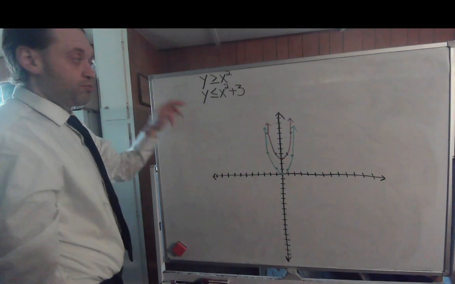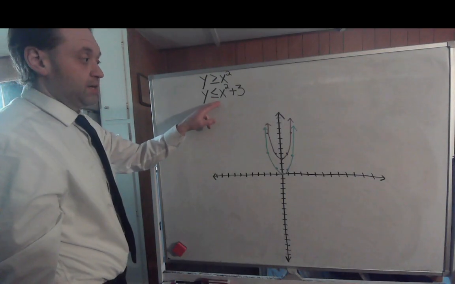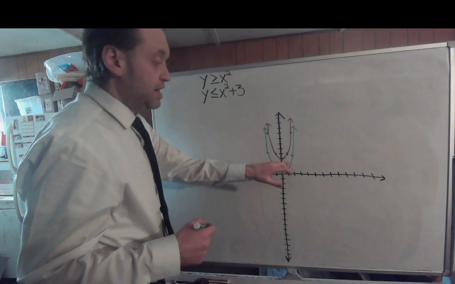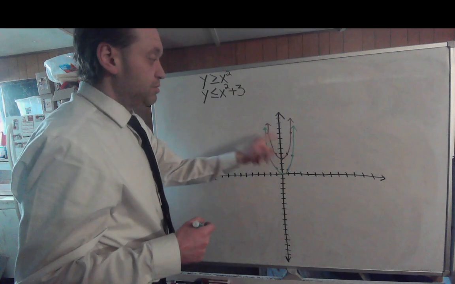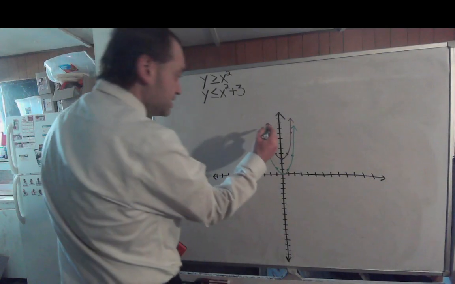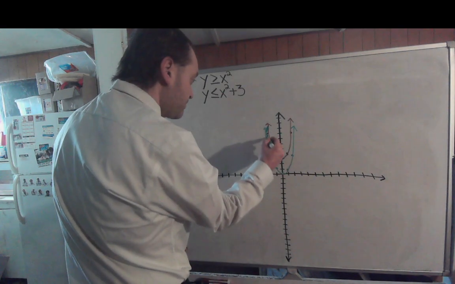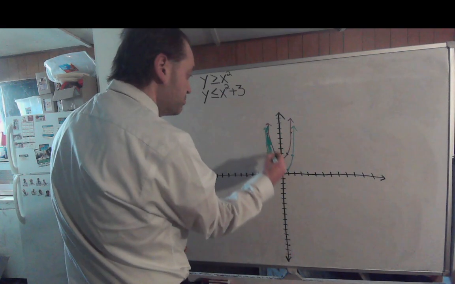However, we have the other parameter that y is less than or equal to x squared plus 3. So it's going to be above the first parabola but below the second parabola. So you're literally going to shade everything between the two parabolas.